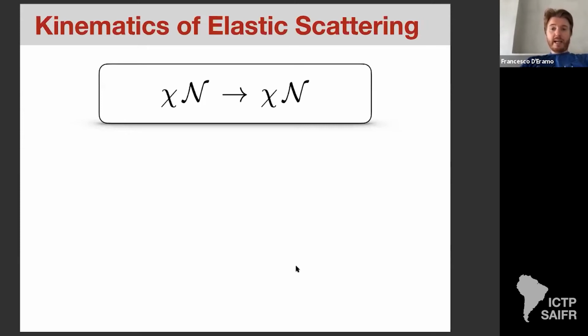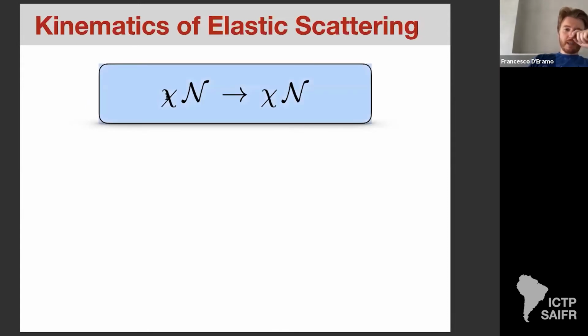Here I will collect the relevant equations. If you're interested in the derivation of these two important equations, I put two exercises that are guided. As usual there are intermediate results, so you can get to the end by knowing what is the best path to follow, okay? So this is the collision that is happening in dark matter direct detection.